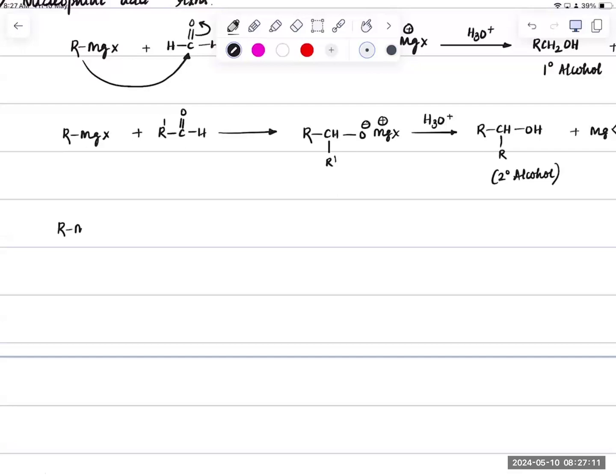Next, if you have RMgX treated with a ketone, R dash C double bond O R dash. This is a ketone.